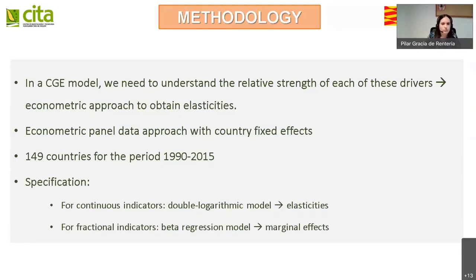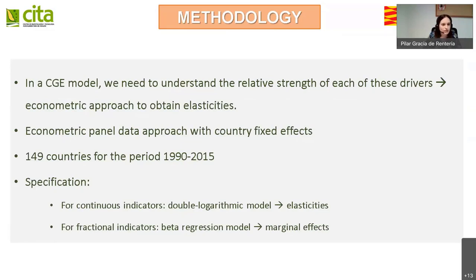And among the possible model specifications for the continuous indicators, which are life expectancy at birth and mean years of schooling, we use the double logarithmic model because it permits nonlinear relationship between the variables, and because the parameters of the models can be directly interpreted as elasticities.